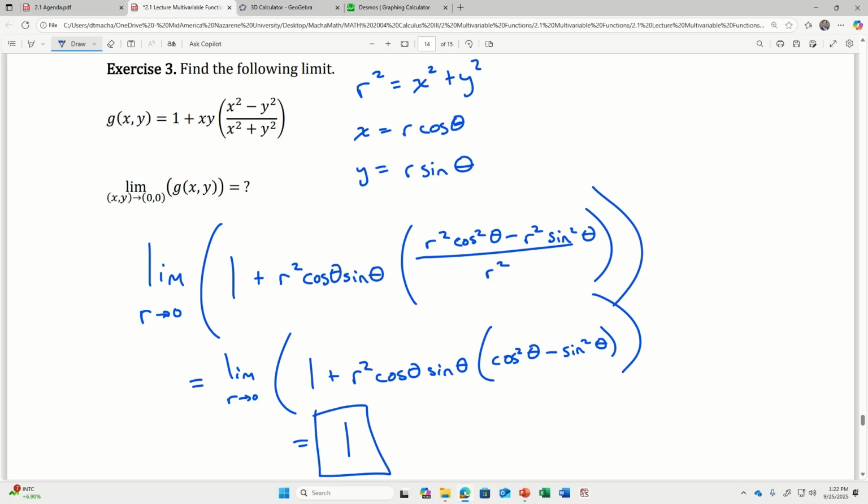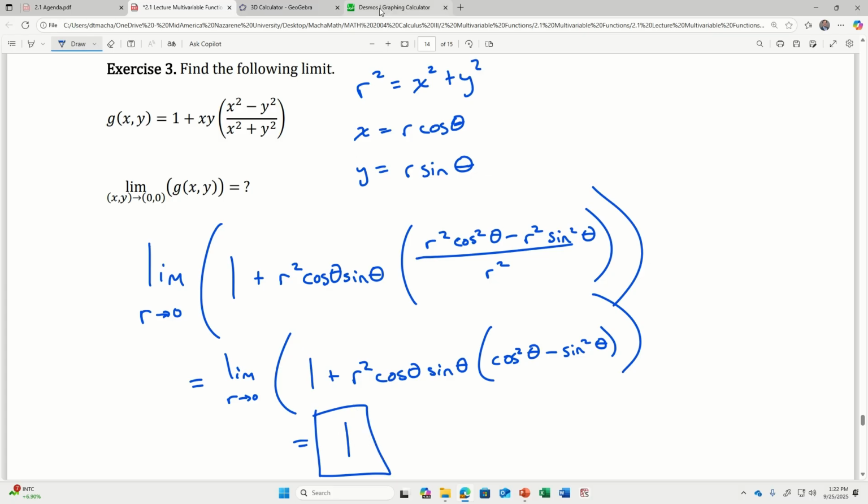So all the other stuff goes to 0. The cosines and the sines and the cosine squared and the sine squared, those are bounded between -1 and +1. You don't have to worry about those growing faster than the r squared function is shrinking or anything like that. So this term is going to shrink to 0 in the limit for every direction theta. And that means the limit should be 1.